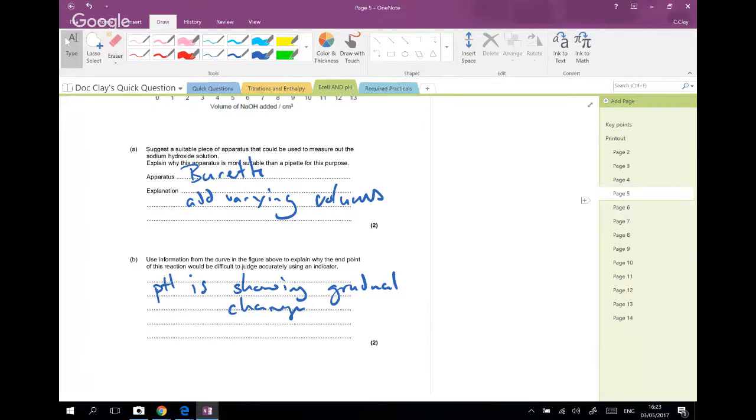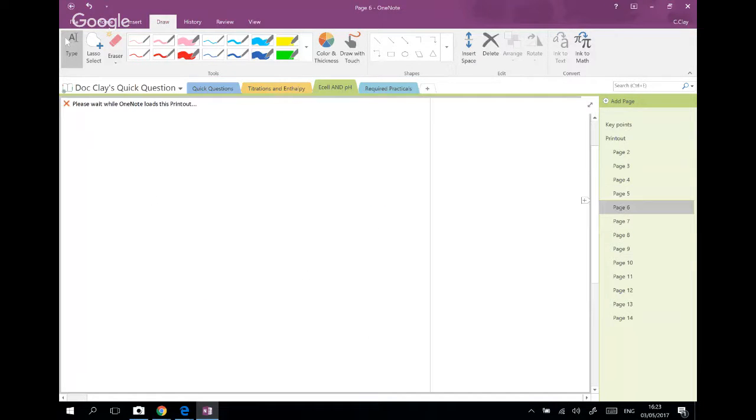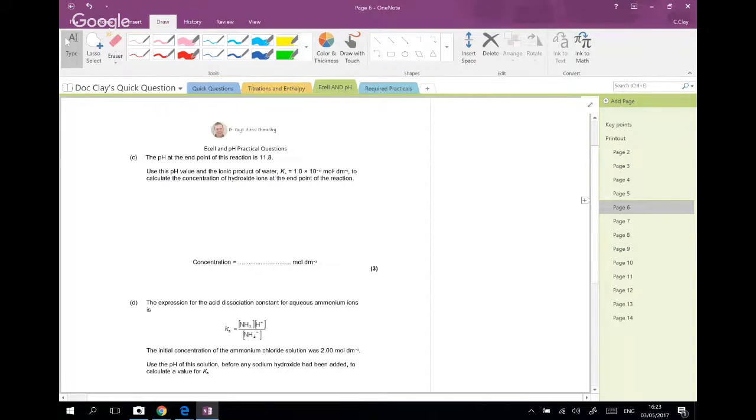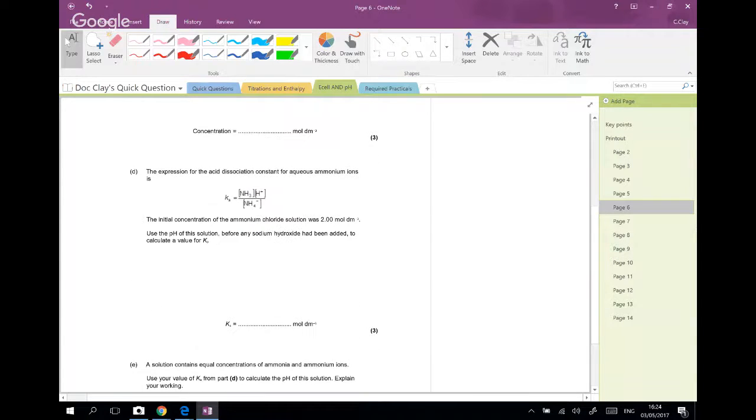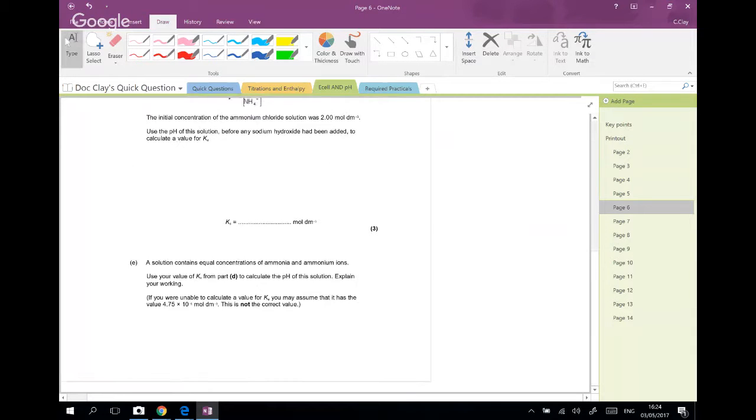The reason is that we've not got a sharp endpoint. Here we then got an acid-base calculation. We're not looking at acid-base calculations in today's session, but if you have any questions about how to do those, please have a go at them and then do ask me at a later stage.